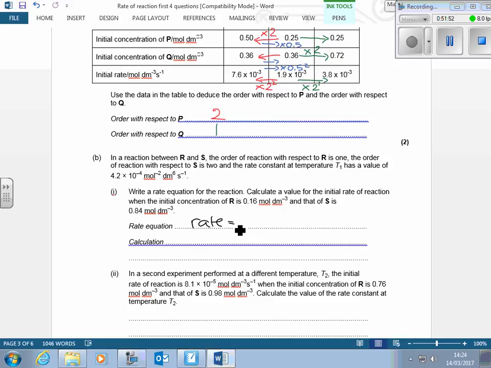So rate equals k, which is 4.2 times 10 to the minus 4. And then all we've got to put in is the concentration of R to the power, leave it, because it's 1. And then the concentration of S to the power 2. So there's our rate equation.